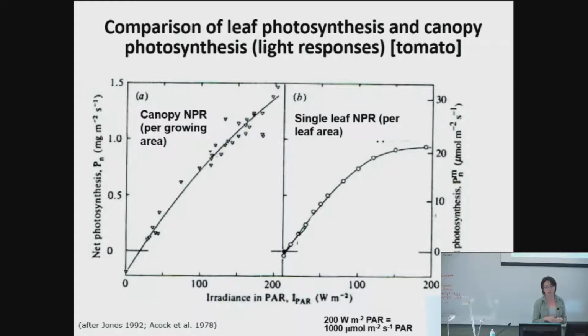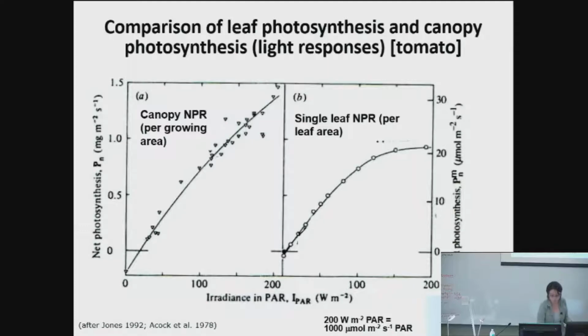Make sense? So increasing light does increase canopy photosynthesis. Any question? Now you might think, the single leaf saturates, the canopy doesn't saturate. Is there anything in between? Because canopies are many layers of leaves, and different canopies may have a different number of layers of leaves, right?